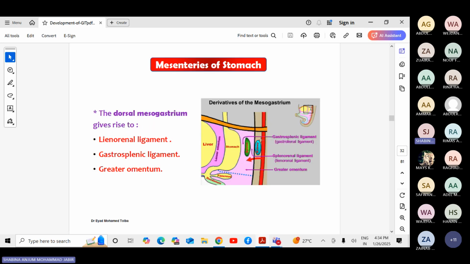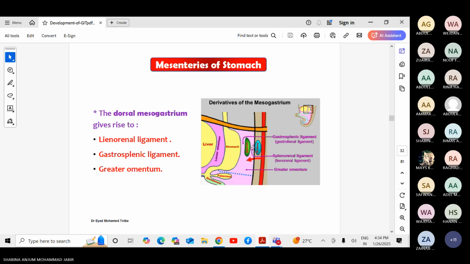So what happened to the dorsal mesogastrium? Will it disappear? No, it will not disappear. There will be the development of the spleen and kidney. So it will form the gastrosplenic ligament, which is also called the gastrorenal ligament, between the stomach and spleen. There will be another division, this area, which is called the lienorenal or splenorenal ligament.